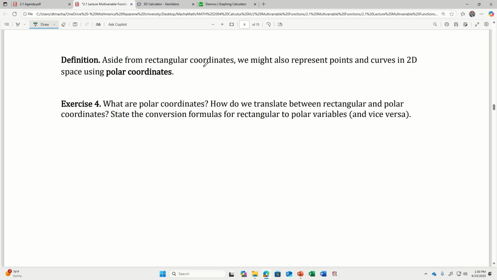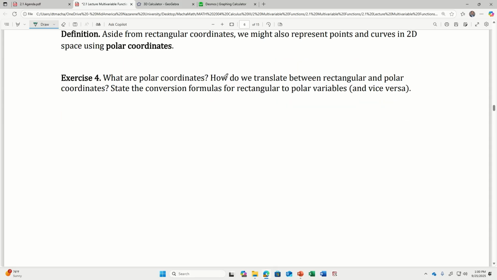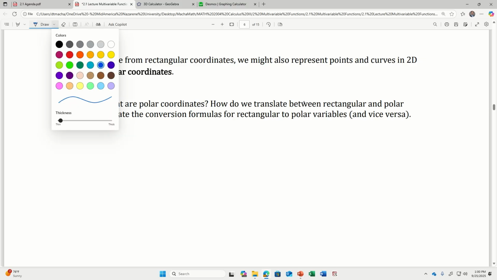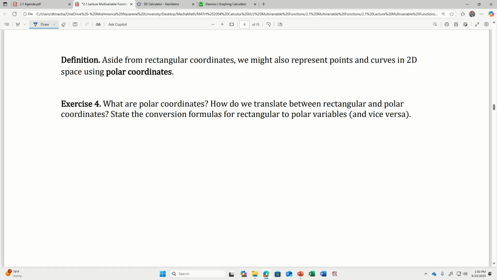So aside from rectangular coordinates, we can also represent points and curves in 2D space using polar coordinates. I think this probably looks familiar to you guys. Do you remember what polar coordinates are? And how we convert between rectangular and polar?